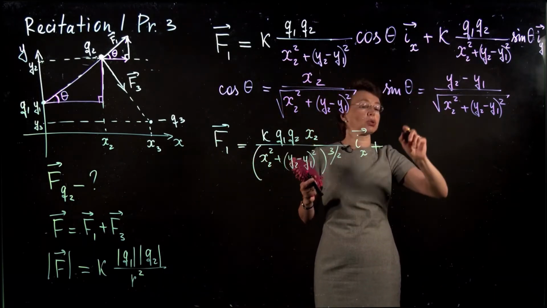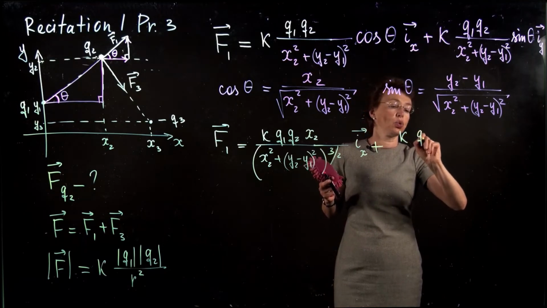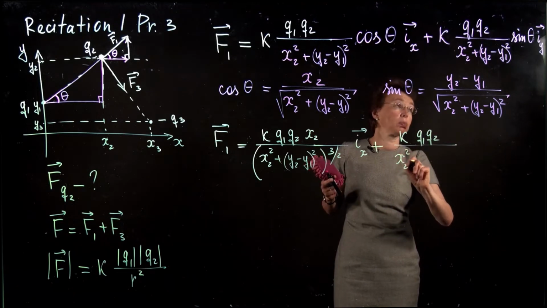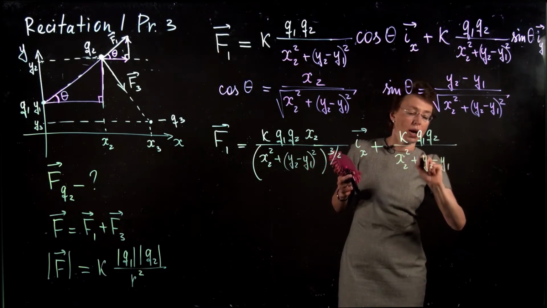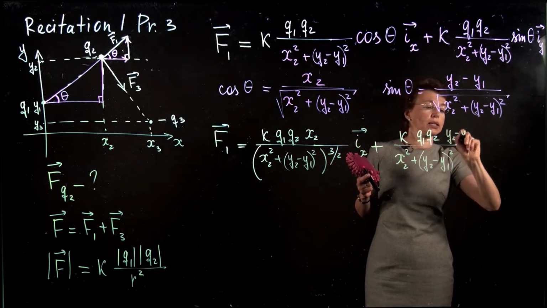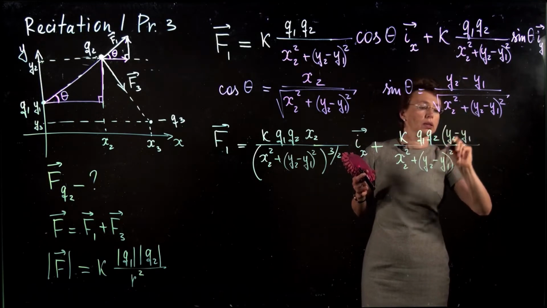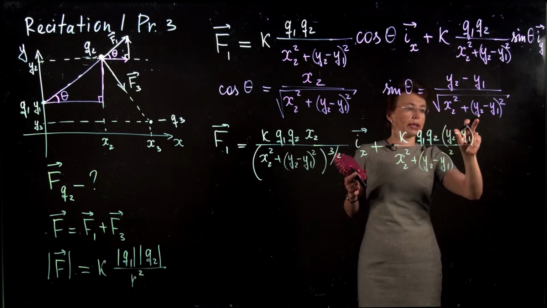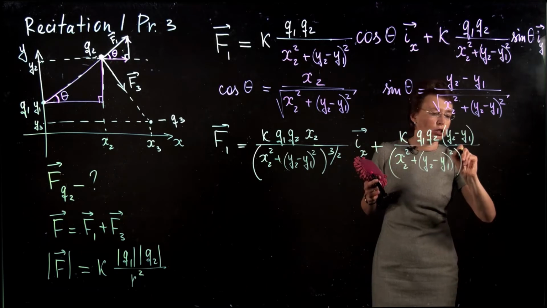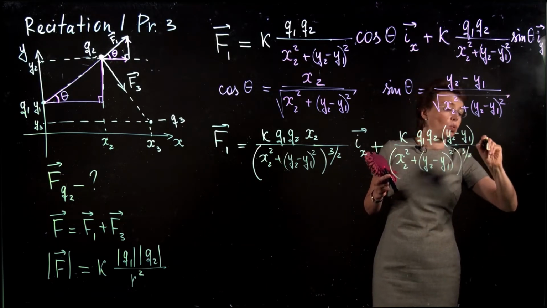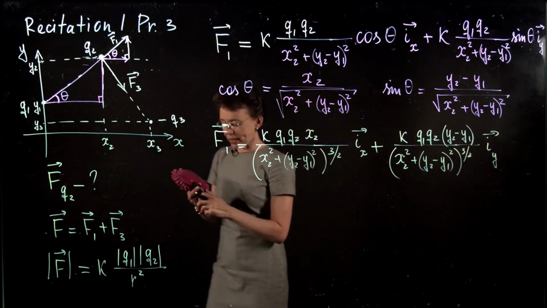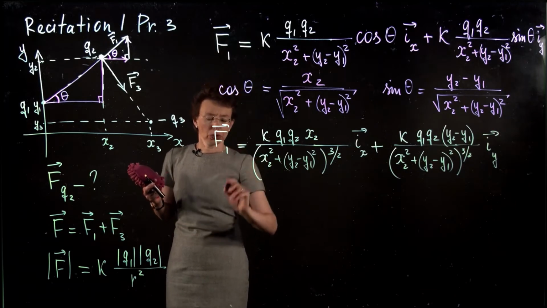And then the y component of F1 is K, Q1, Q2, divided by x2 squared plus y2 minus y1 squared, and sine theta is y2 minus y1 over the square root of x2 squared plus y2 minus y1 squared. 1 plus 1/2 brings me to 3/2. This is F1y, the y component of force F1. Now we need to find F3.